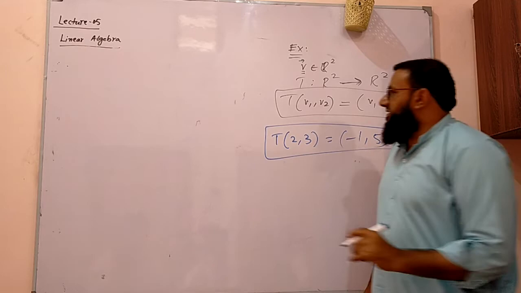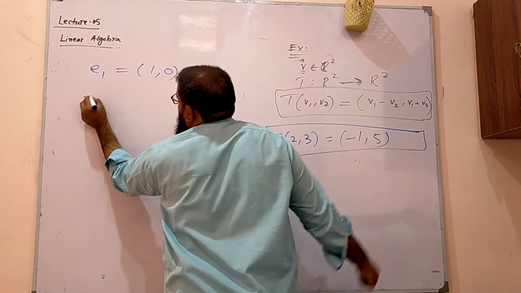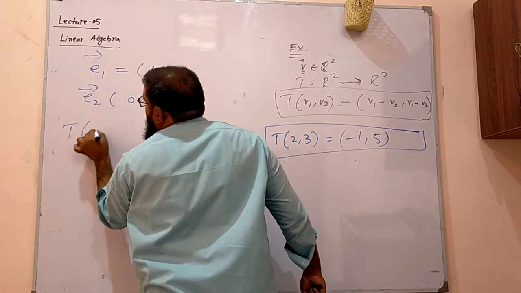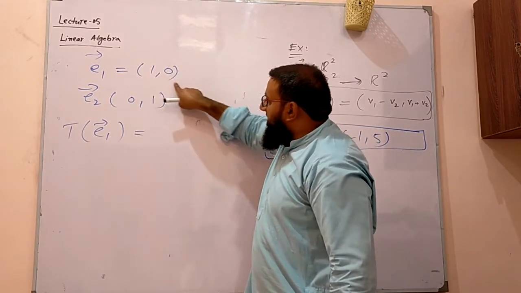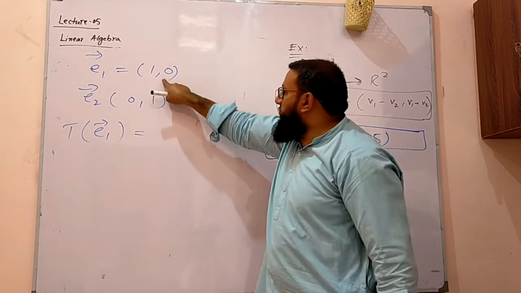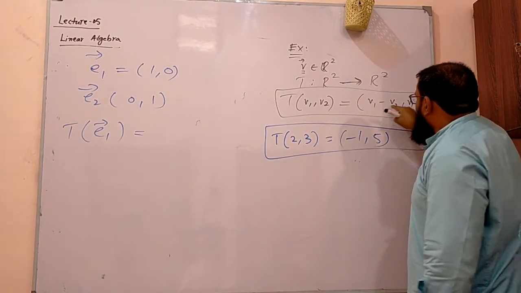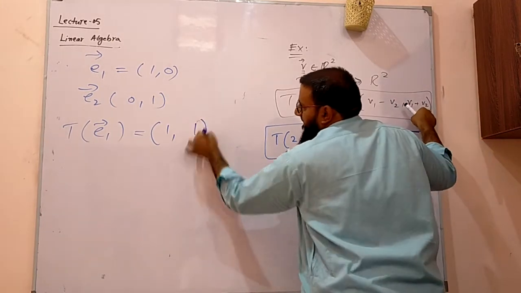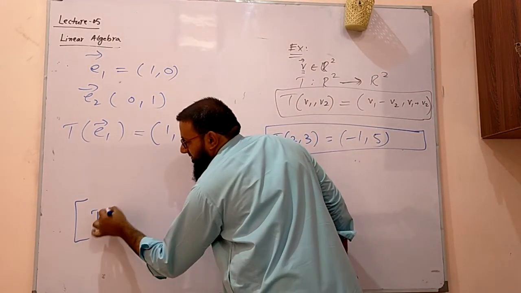How can you find the matrix? What is your standard basis in R2? Find T of e1. It means apply linear transformation on this one. What do you do? You pick these and put here. What it becomes? 1 minus 0, 1; 1 plus 0, 1. So then what is the matrix?